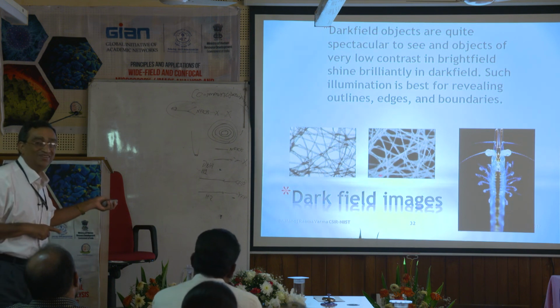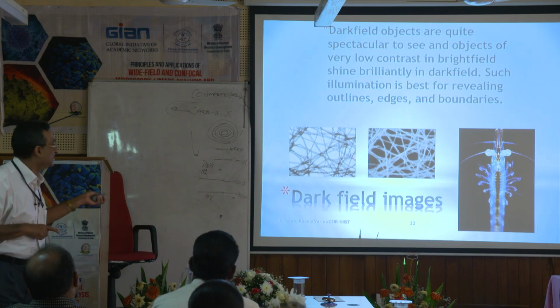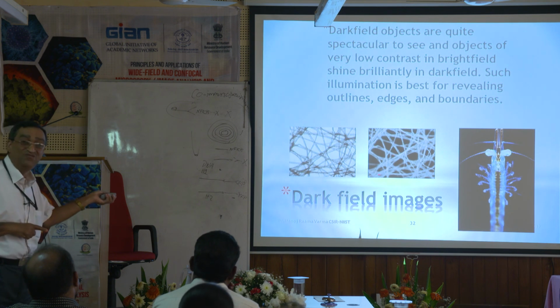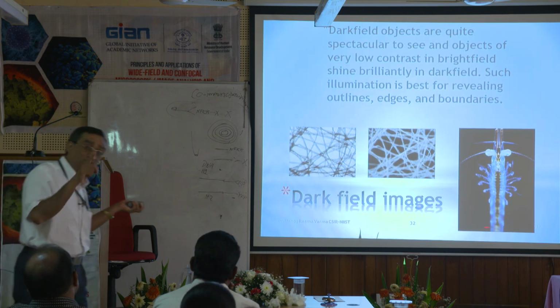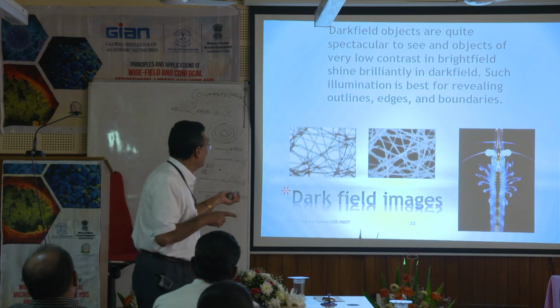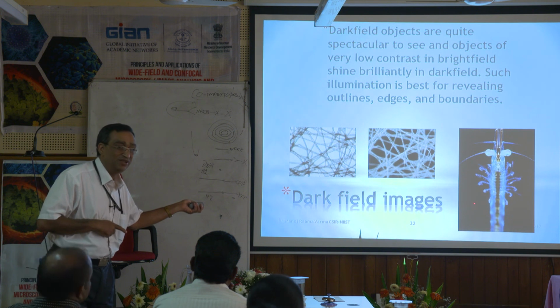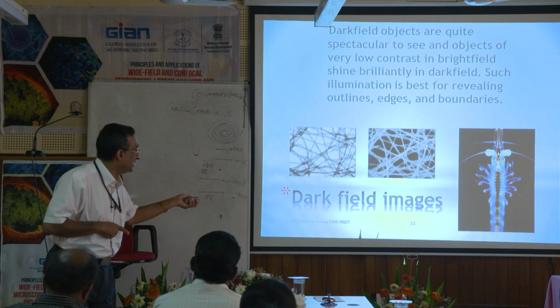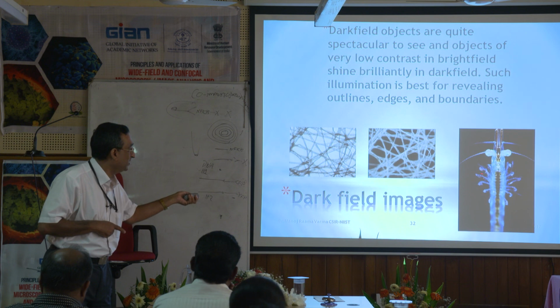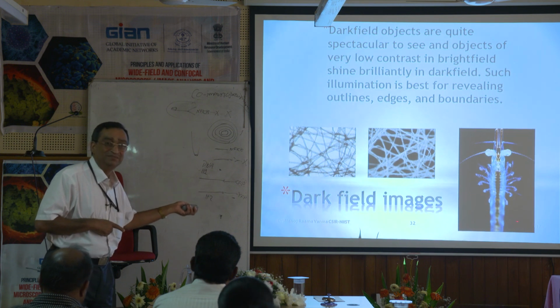You can see all the background light is white. The same specimen taken as a dark field image: look, the background is dark, and this is very useful for biology. Look, the image of an insect in a dark field microscope. All the hair at the end of the legs are very clearly highlighted.